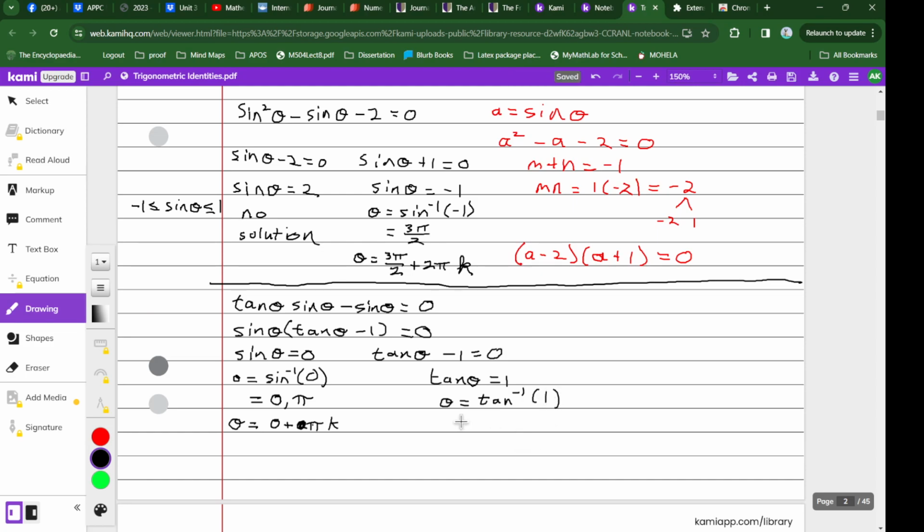And the tangent is 1 when theta is at pi fourths radians, according to the unit circle. Which means that in general, our theta is going to be pi fourths plus the period of tangent, which is pi k.